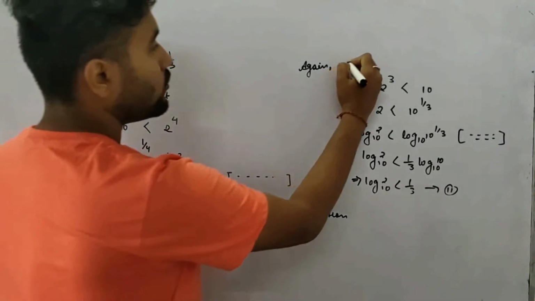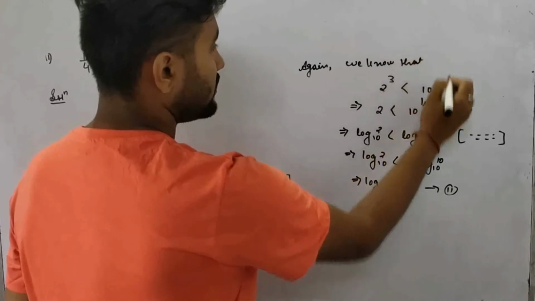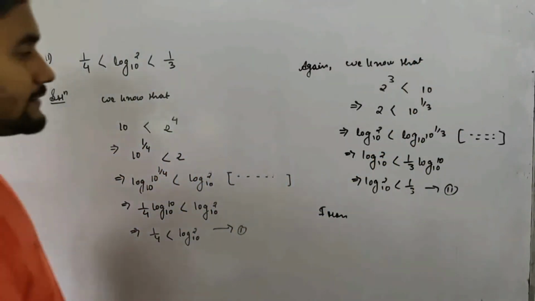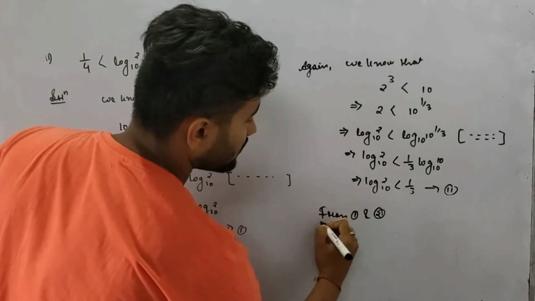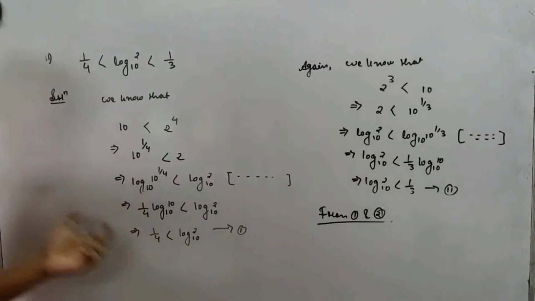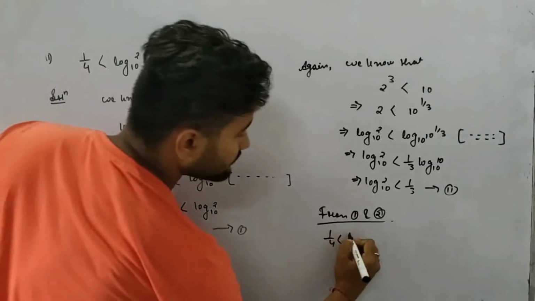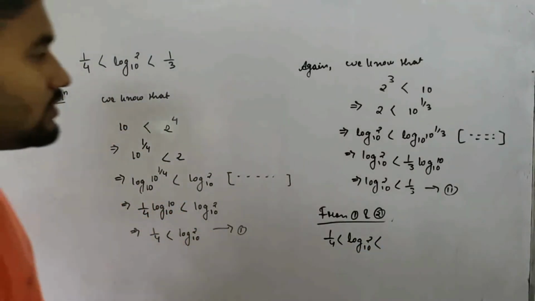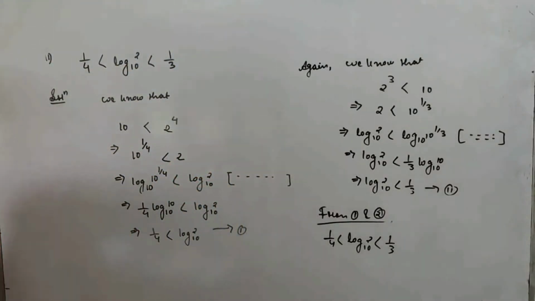Okay, you write again, we know that. Okay, so now from 1 and 2 what we will get? You will get that 1 by 4 less than log 2 base 10 will be less than what? Less than 1 by 3. So we have got our answer.